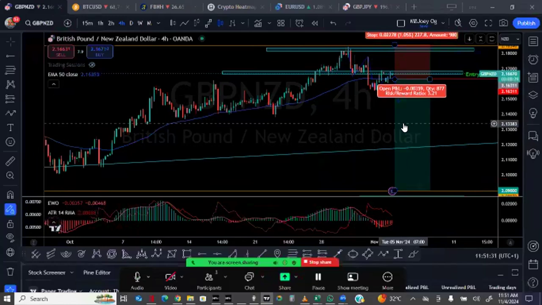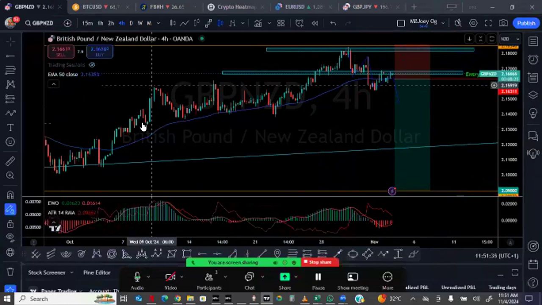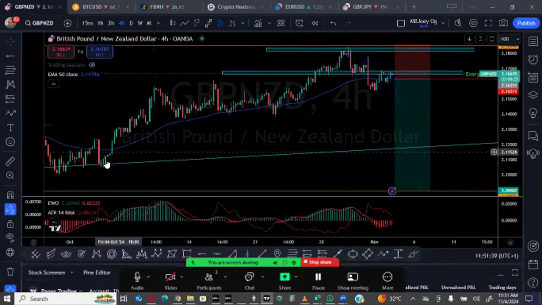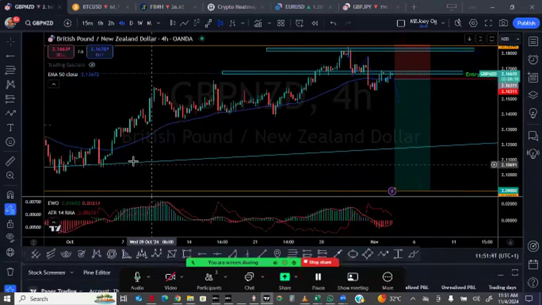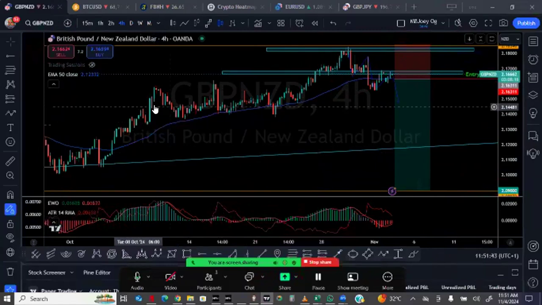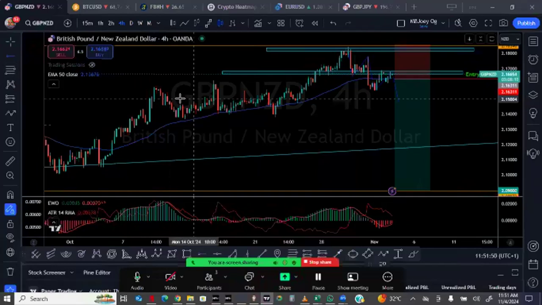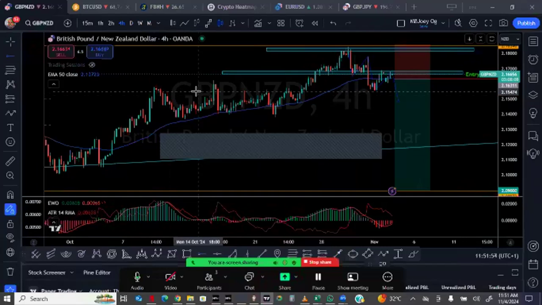So if I'm looking for an area for TP1, then I will look at my previous movement. Where is the most likely area where price had multiple touch?